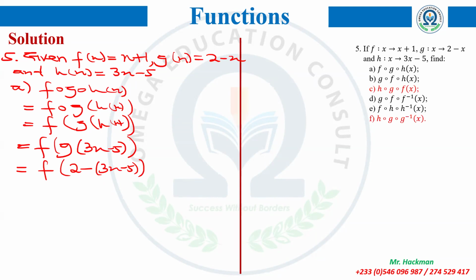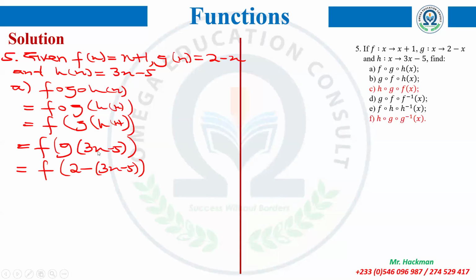Please come again. Okay, all right. So you understand up to this step, right? Yes, please. Okay, so you are going to work with what you have in bracket first. You keep your f. If I ask you to find j of 3x minus 5, remember we've done how to evaluate functions, be it at a particular value or at an expression.